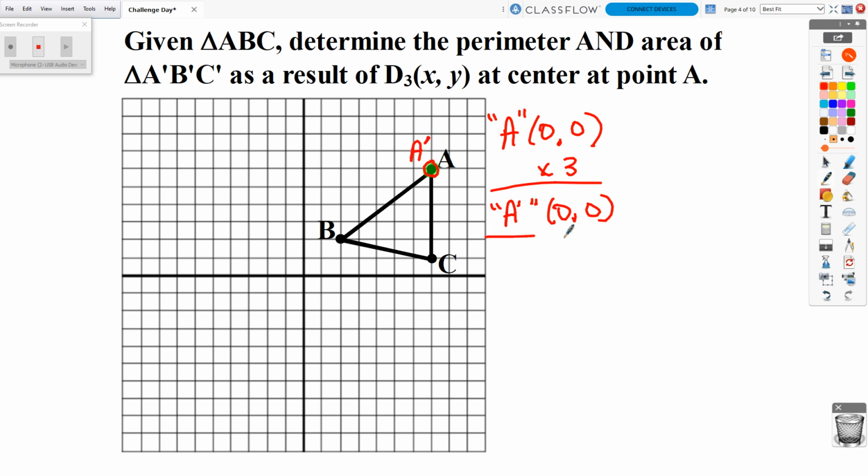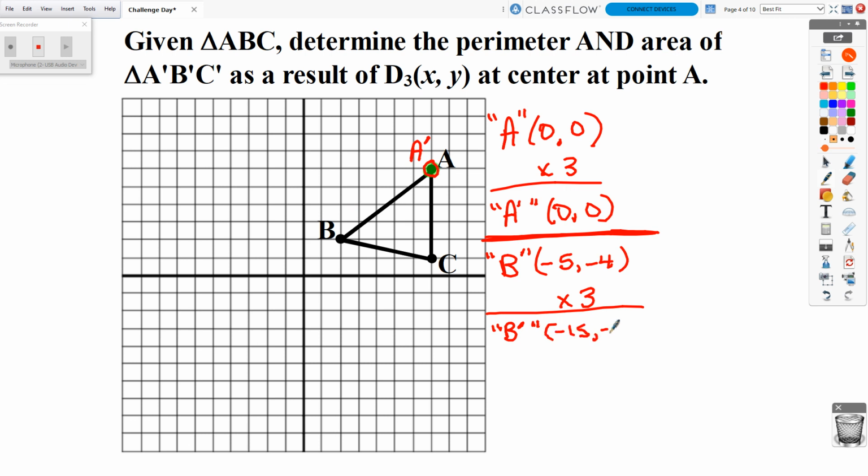All right, so now B. Where is B pretending to be? Again, we're starting at the center, which is technically point A. So -1, -2, -3, -4, -5, -1, -2, -3, -4. So -5, comma, -4. And we'll go ahead and multiply it by 3. So B prime is going to pretend to be at -15, comma, -12.